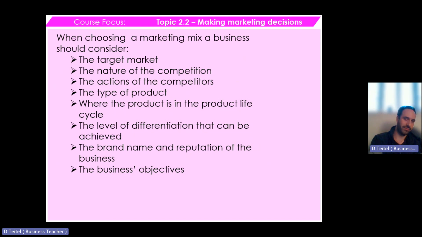Are you trying your hand in a new market? And you need to sort of work out how reputable you are. Do people know your brand? Or are you relatively not known and you're quite price competitive and things like that? What does your business want to achieve? So you need to be thinking about all of these ideas in order to decide how you are going to get people to know about your product, how you're going to get people to want your product, and how you're going to be able to get people to buy your product.